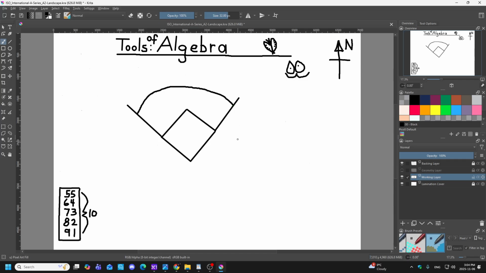Okay. So, what we have here is the bird's eye view of a baseball diamond.